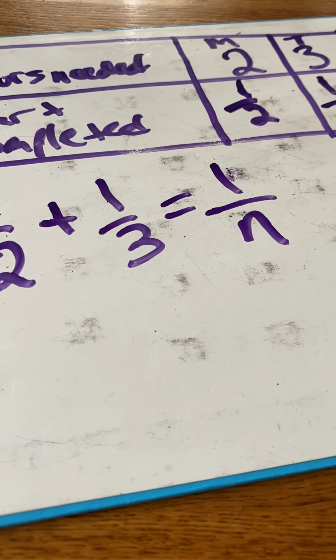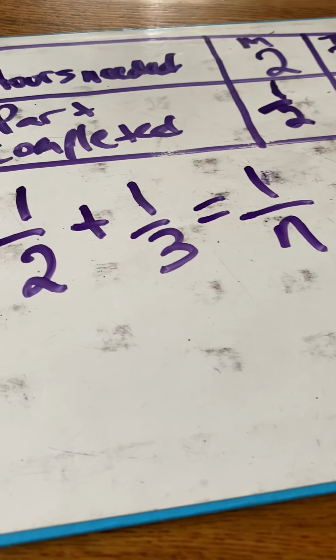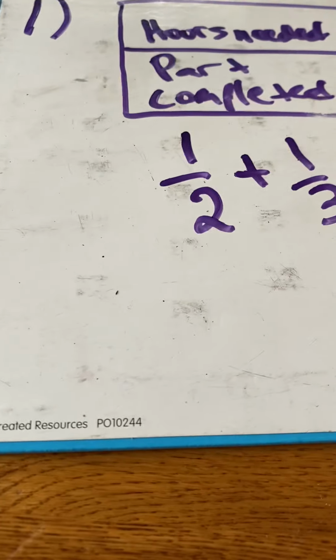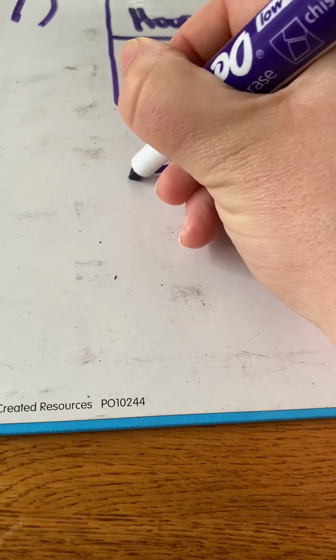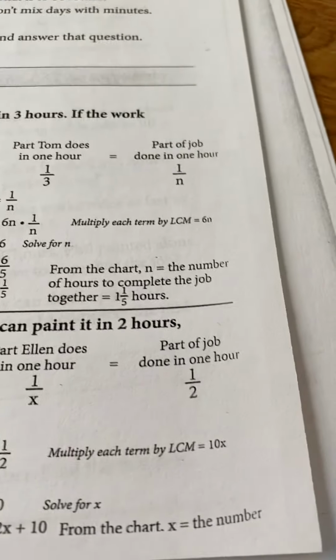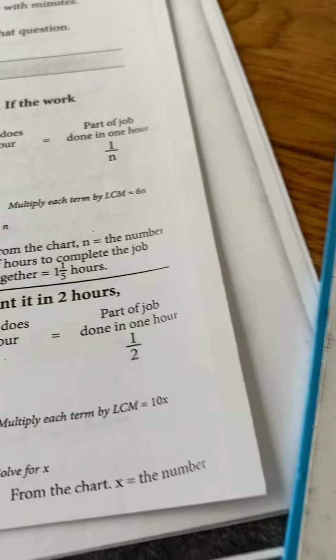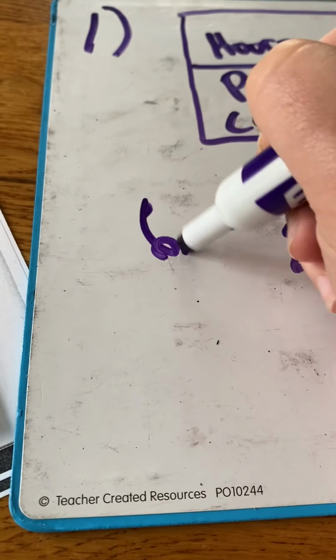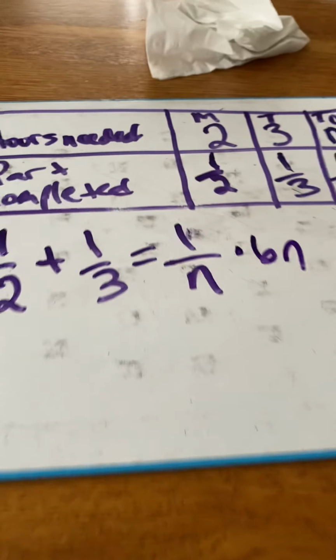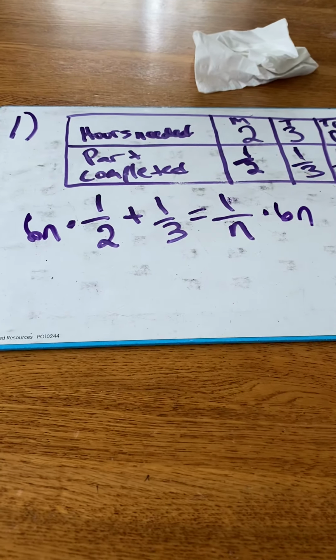Now, what we're going to do here is find the least common multiple, which we have talked about between 3 and 2, which clearly is going to be 6. So, we're going to multiply each term by LCM, which is 6N, and that's what it's telling us to do right here. So on one side, 6N. On the other side, 6N. So here's what I've got so far.